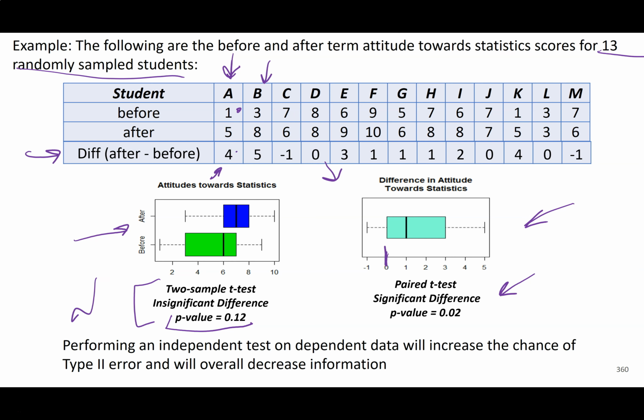So absolutely, if you perform that independent 2-sample t-test, you are going to increase your type 2 error versus if you correctly perform a paired t-test. In general, you're just going to have a lot more information if you run a paired t-test.